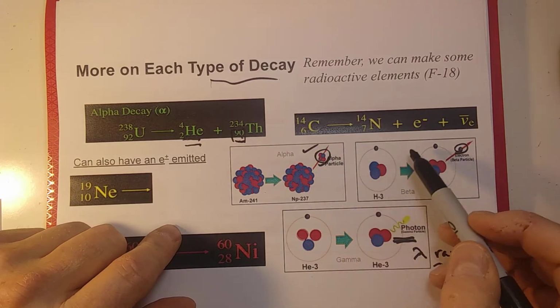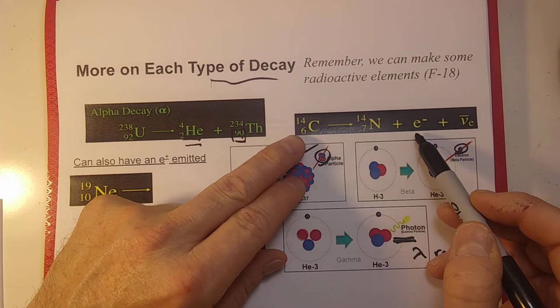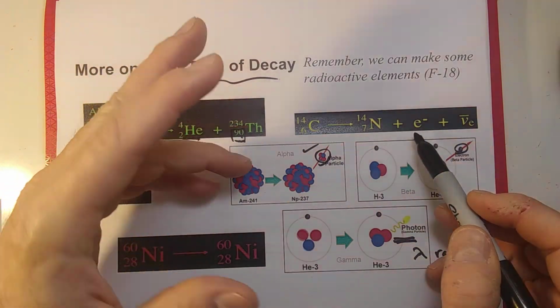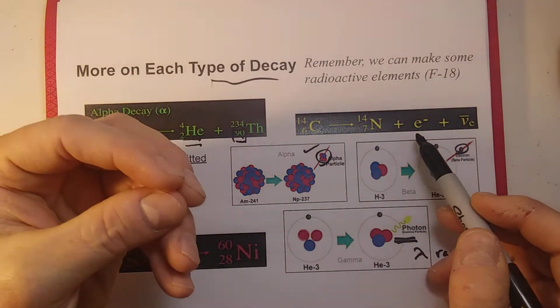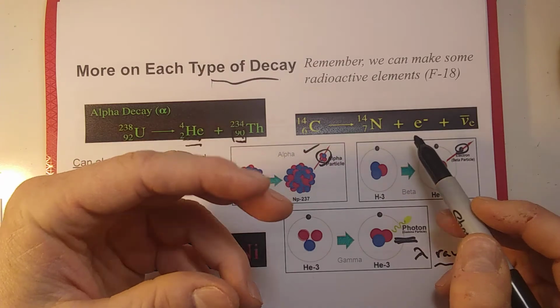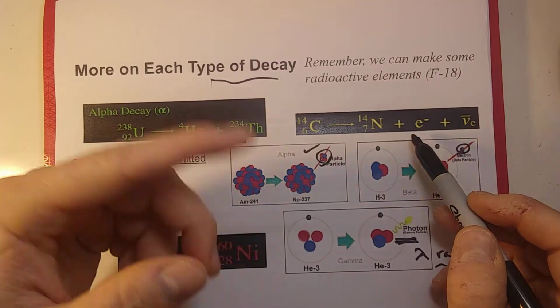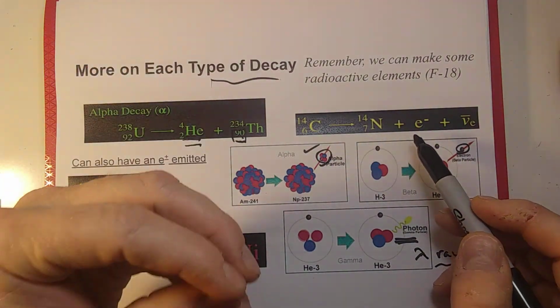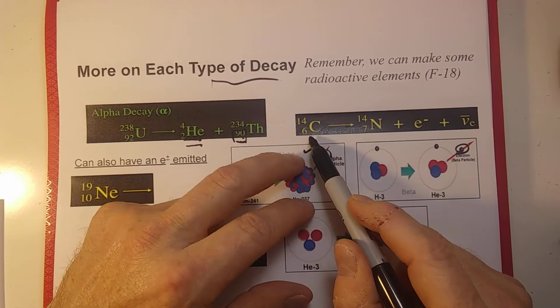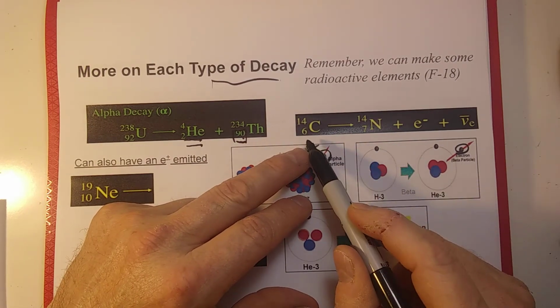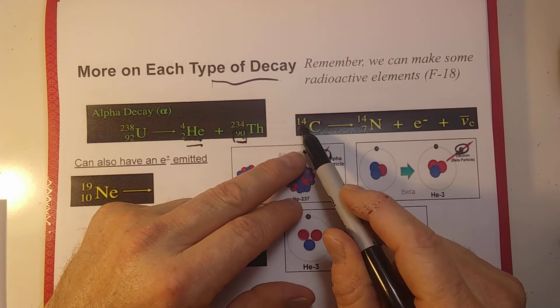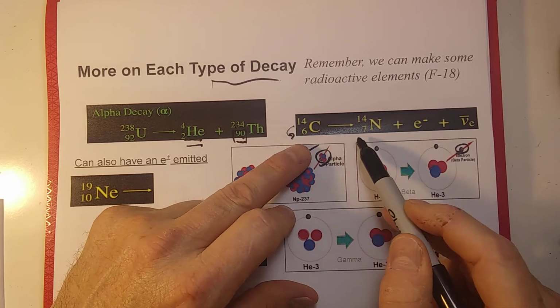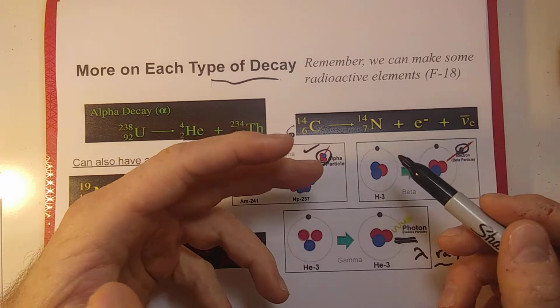For carbon, we can have an electron kicked off. Remember how we said if you kick off a positron, you tend to change a proton to a neutron? Well, it's the opposite here. If an electron is kicked off, we're kicking off a negative charge, so a neutron becomes a proton. We take a neutron that's part of this number here and make it jump down to this number, because we're making another proton.